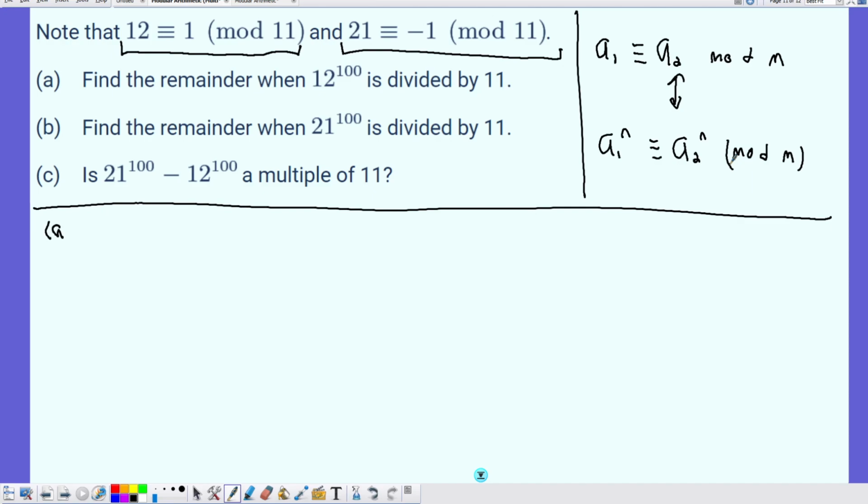Part A states to find the remainder when 12 to the 100th is divided by 11. Well, 12 to the 100, that's a large number, perhaps too great for the calculator. And we want to find what that is mod 11.